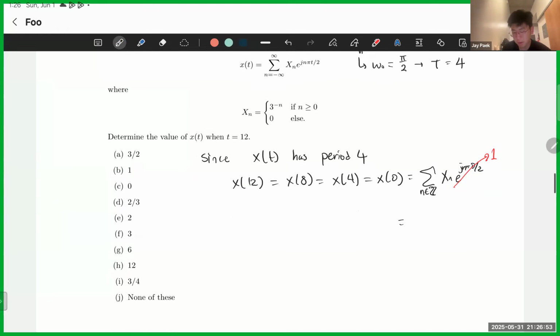What does this tell us? The value of x at t equals 12 is simply the sum of all of the Fourier coefficients. Isn't that nice?